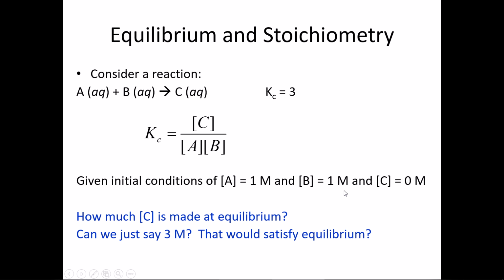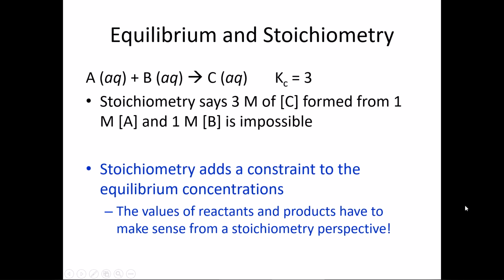How much C can we make? 1 molar, because we have 1 molar A, 1 molar B, so our stoichiometry would suggest maybe 1 molar. But 1 over 1 times 1 is not 3. So would we make 3 molar with the C? But where do we get 3 molar of C if A and B were only 1 molar? Alright, so our stoichiometry doesn't go with our equilibrium with that kind of logic.